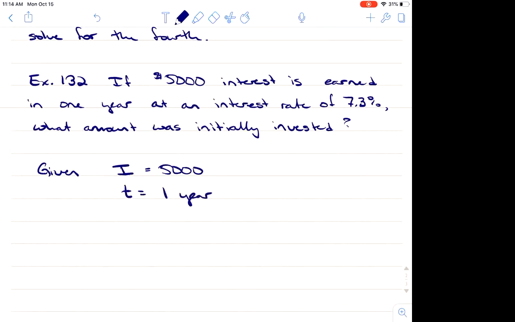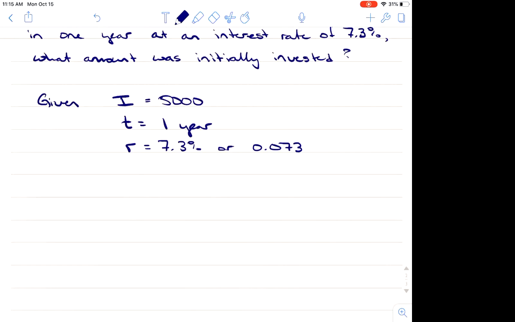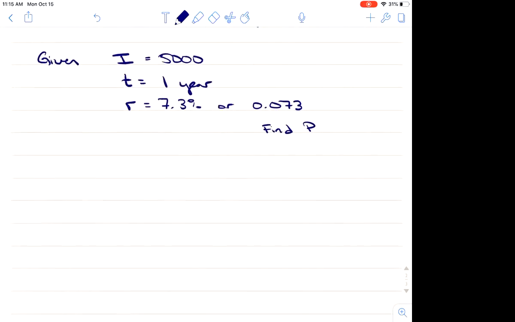And remember, t has to be in years. And the interest rate is 7.3%. So the rate is 7.3% or 0.073. Right, we'll use the decimal. And we want to find P, right? What amount was initially invested? That's the principal amount denoted by a capital P.